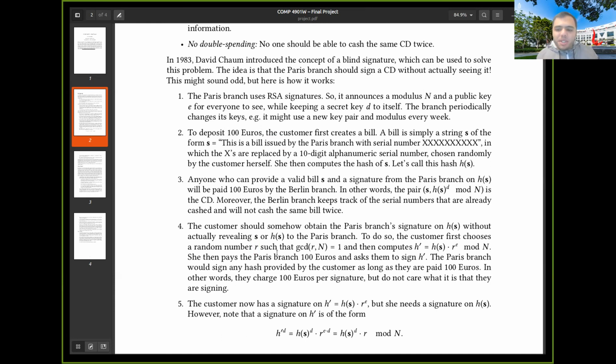It will probably not help that much. Probably we will still have the same level of privacy, but it's a bit suspect. So I would prefer it if we just hash it first and then give it to the bank, so that you see, there are 2 levels of hiding if you hash it. If you don't hash it, all of your hiding of information is really dependent on this random number R, right?